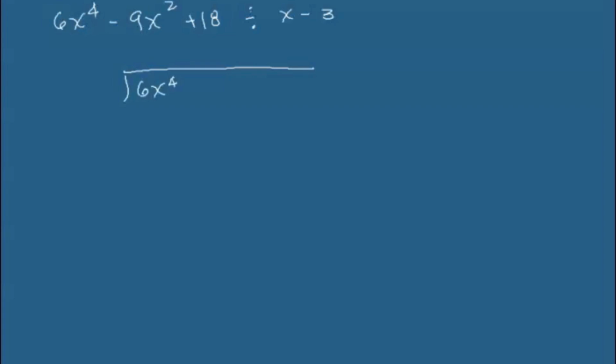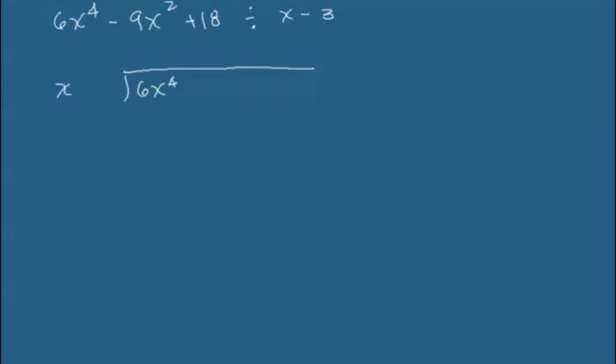Let's try this example. 6x to the fourth minus 9x squared plus 18 divided by x minus 3. Okay, let's put this. We have 6x to the fourth.